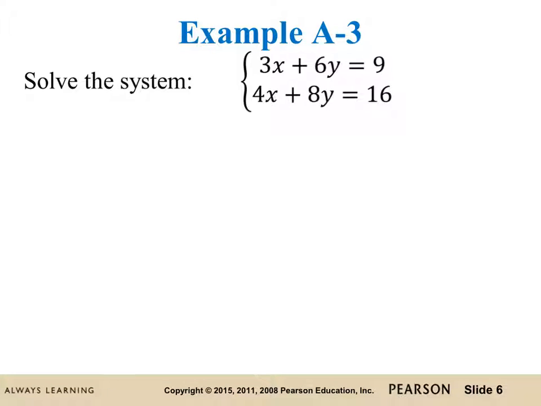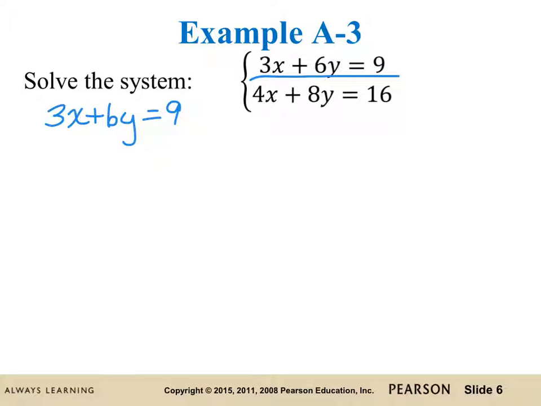Here's a new system. Neither one of these is necessarily going to be easy to solve for one of the variables. Arbitrarily, since they're both going to take several steps, I'm going to arbitrarily choose the first equation, which is 3x plus 6y is equal to 9.